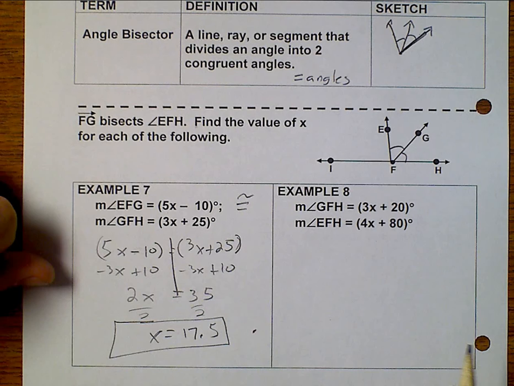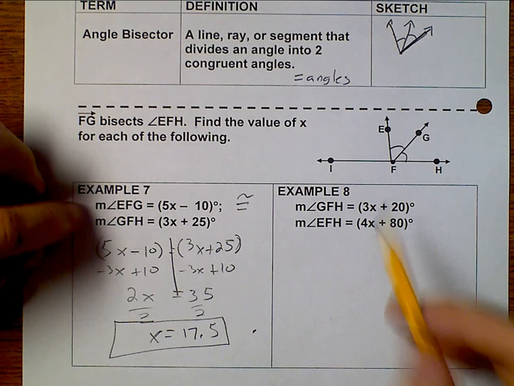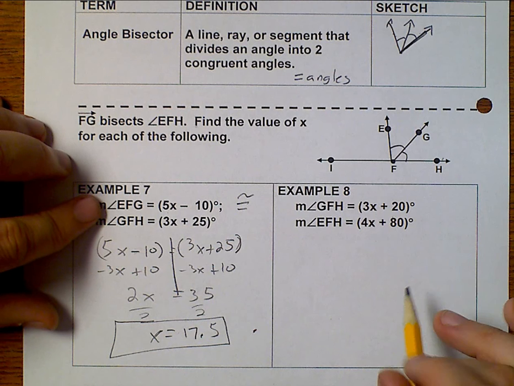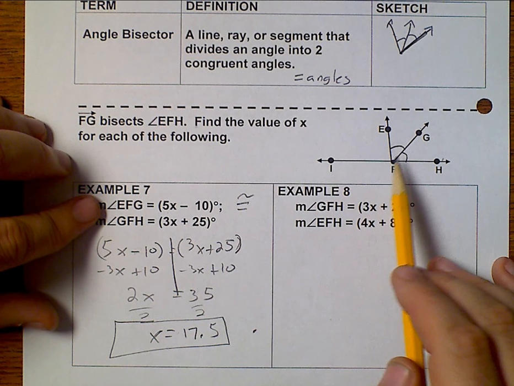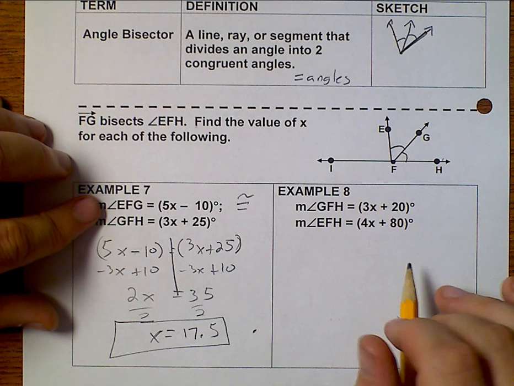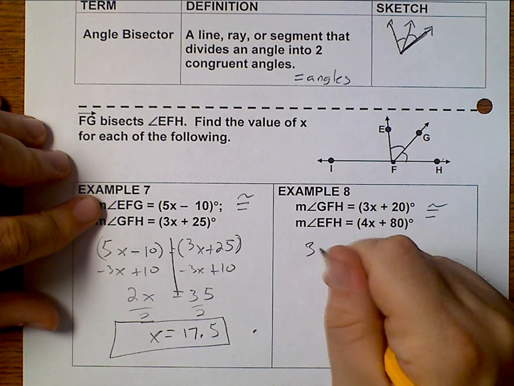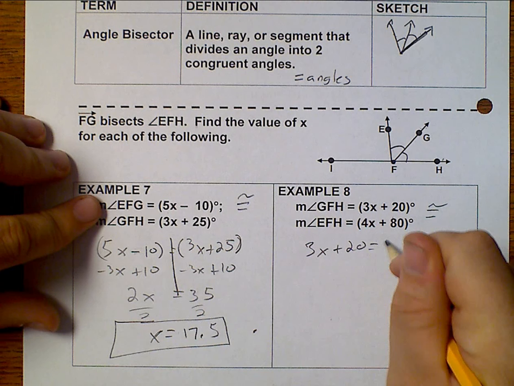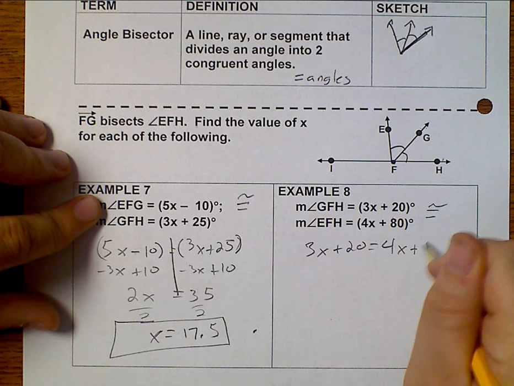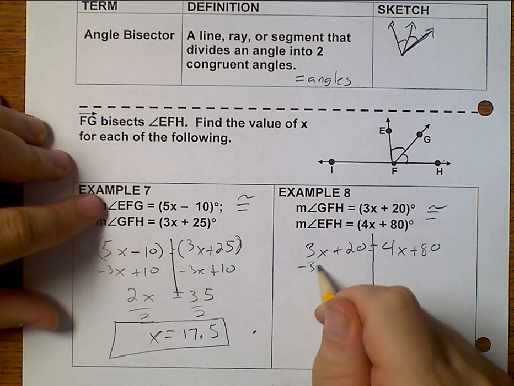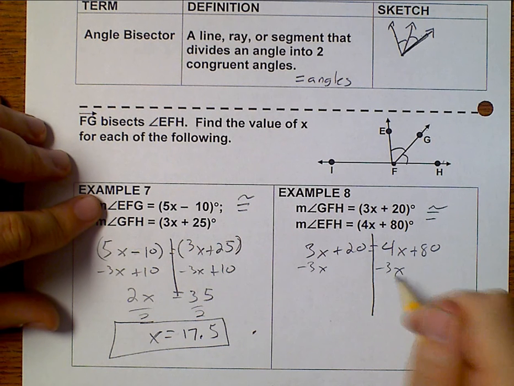And now here it says that GFH is 3x plus 20, and EFG is 4x plus 80. Again, these are congruent. So 3x plus 20 equals 4x plus 80. Go ahead and begin to simplify.